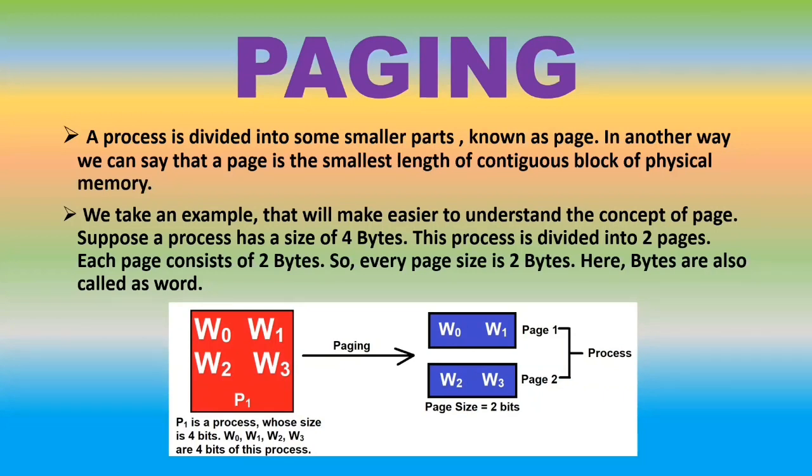That is why the size of process P1 is 4 bytes. After dividing into two pages, page 1 and page 2, page 1 consists of bytes W0 and W1, and page 2 consists of bytes W2 and W3. That is how a process is divided into several pages.